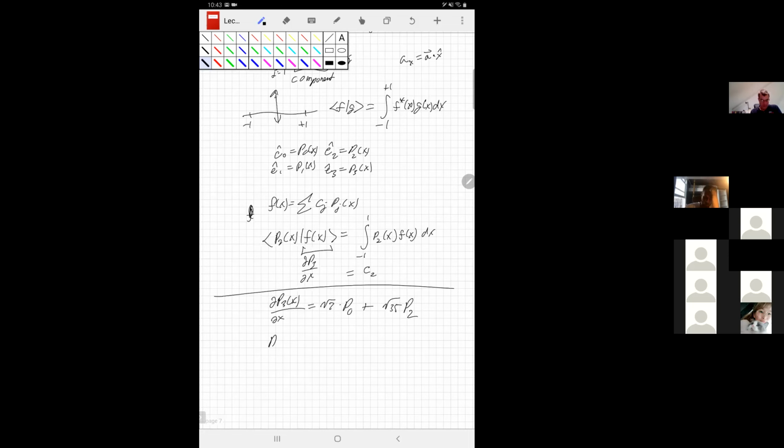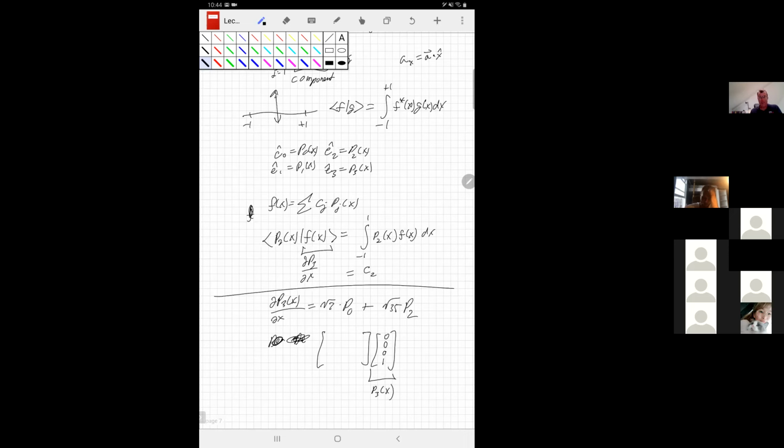So what we could say is that if we were to write this derivative as a matrix, and we start off with this input, this is P3 of x.